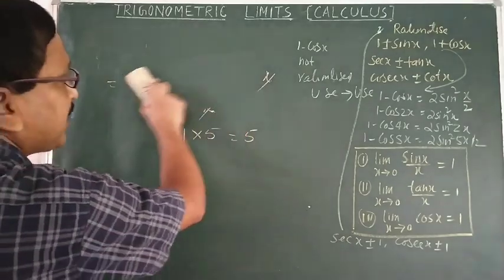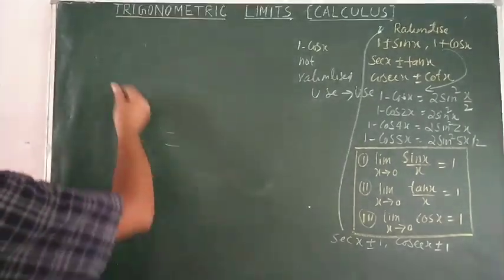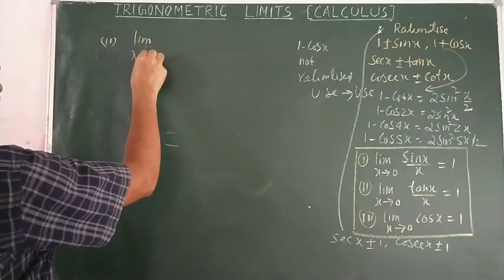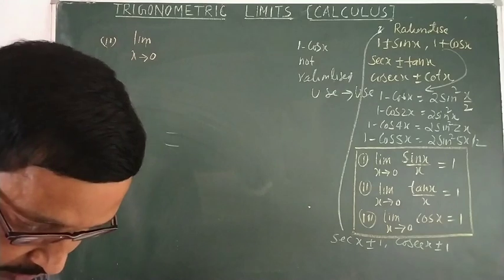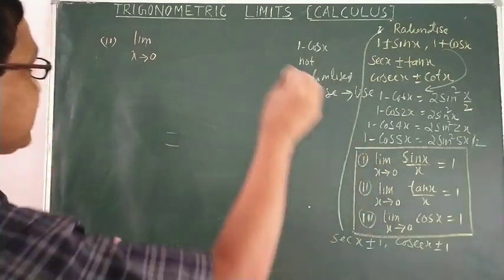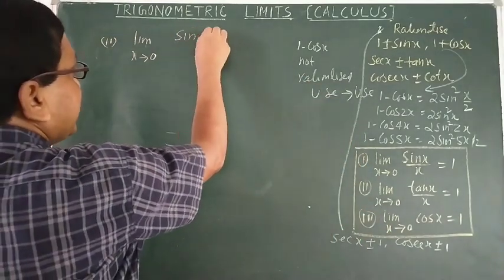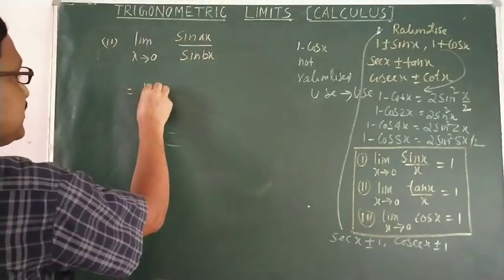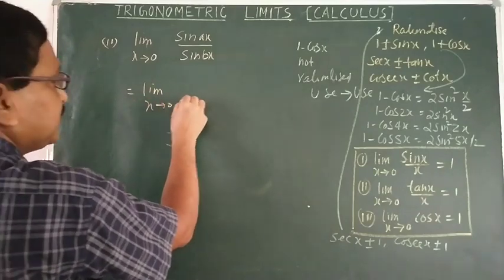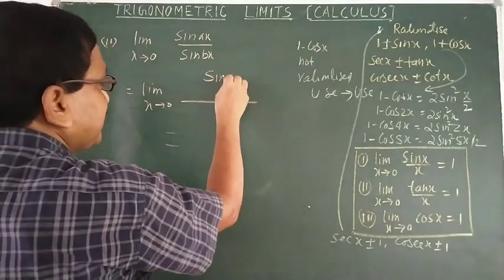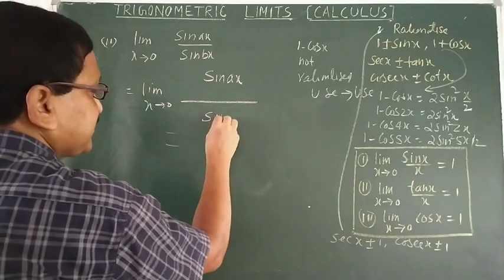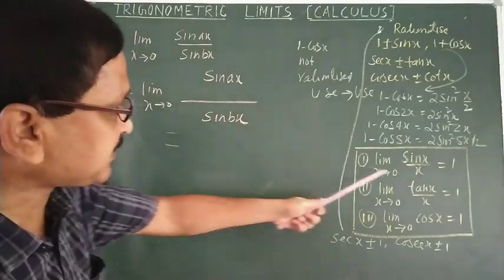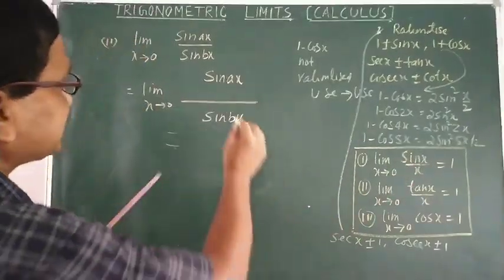Now moving toward the second problem. Limit x tends to 0, sin ax by sin bx. Students, I already told you that for sin ax, the bottom must also be ax.